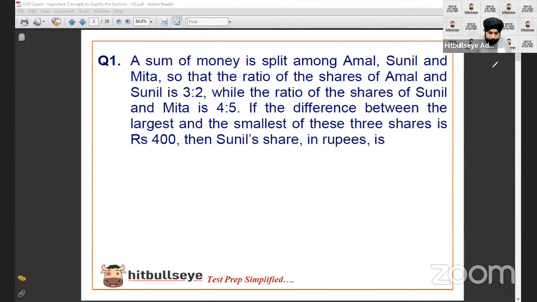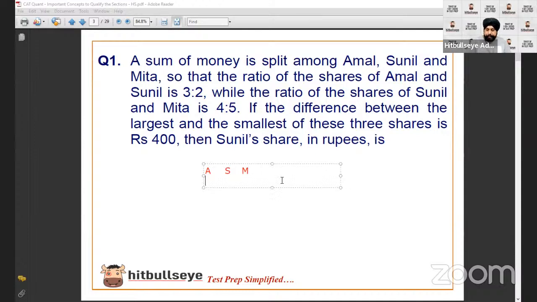So people, money spent among... if you see carefully, the ratio of A, S and M is given.